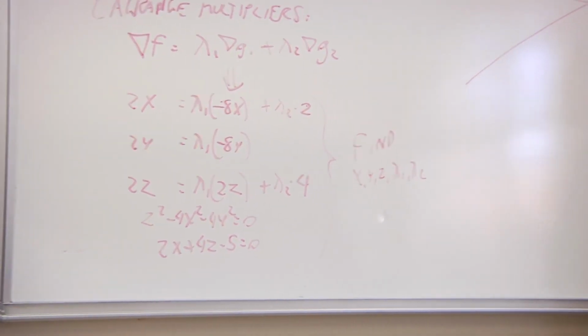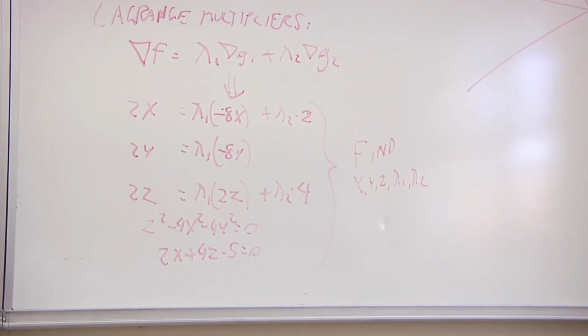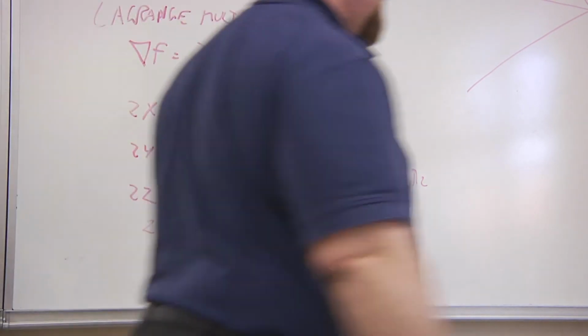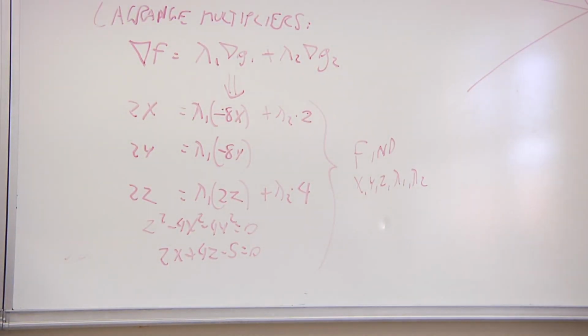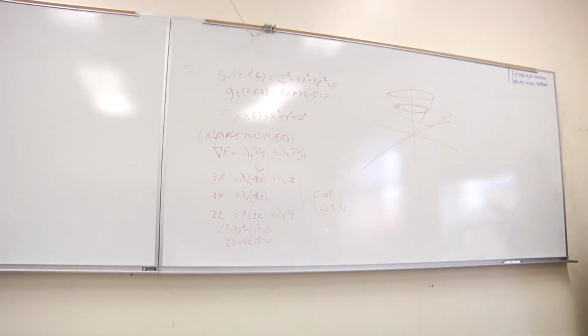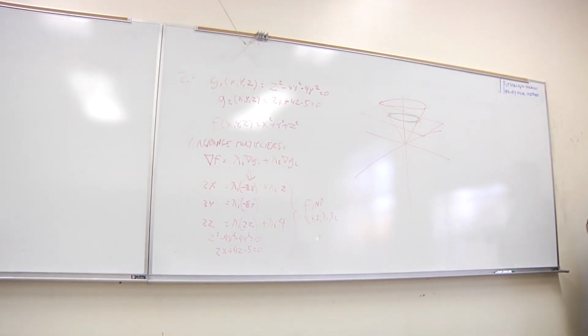So you have 5 equations in 5 unknowns. Whether you get this or not is really going to boil down a lot more to your algebra than your multivariable calculus. But isn't that always the case?